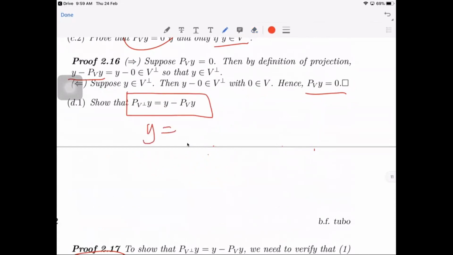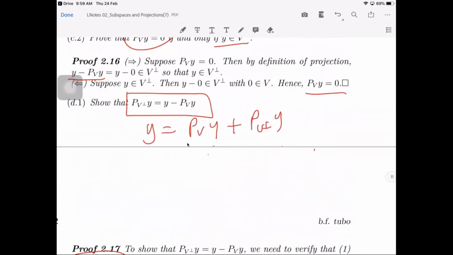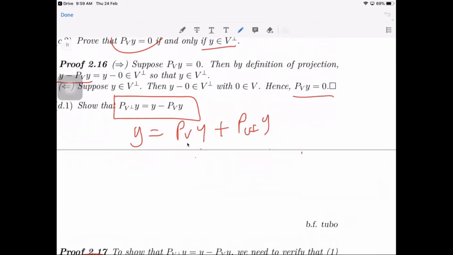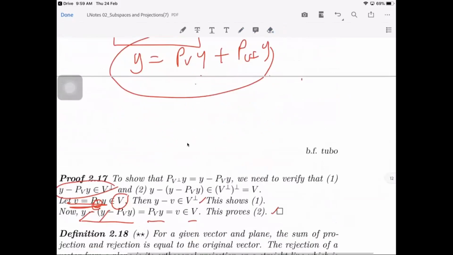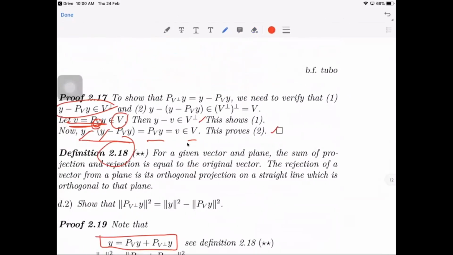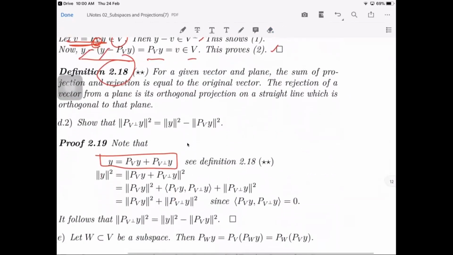Here you can see that y is equal to the projection of y onto v plus the projection of y onto v perp. Okay. So if we make this in English form, this is now definition 2.18. Okay.